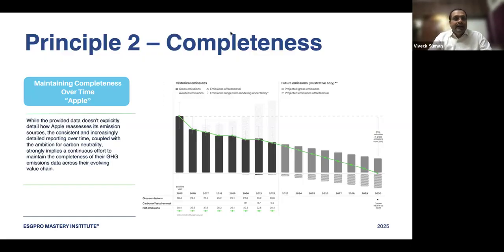Clear? While they have provided data, they also knew that it is challenging stuff. They would know that they might not have been doing it accurately since the start, which was 2015.